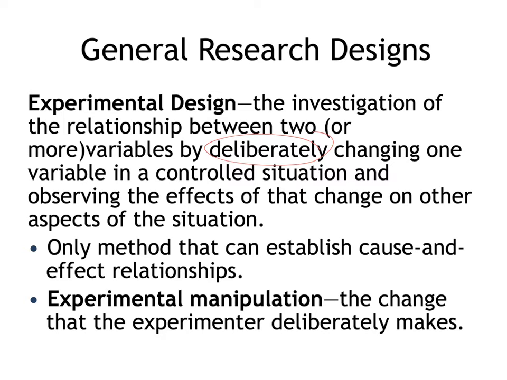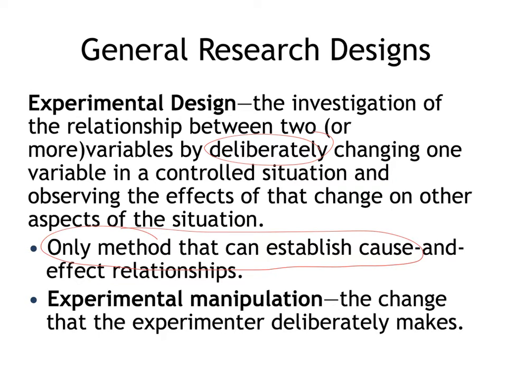For example, I want to see how lighting affects your test scores. So I will deliberately control the amount of light in the room, and then afterward I will measure your test score to see if the lighting had an effect on your test scores. Once again, this is the only method that can establish cause and effect relationships.